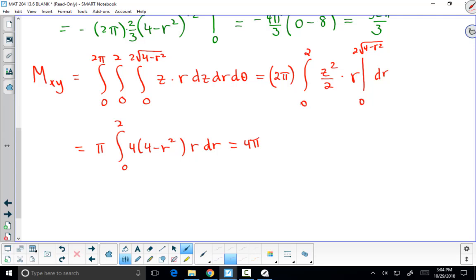So we have 4r, so we're going to get 4r squared over 2, which is 2r squared, minus r to the 4th over 4, from 0 to 2. 8 minus 4 is 4. Multiplied by 4 pi is 16 pi.